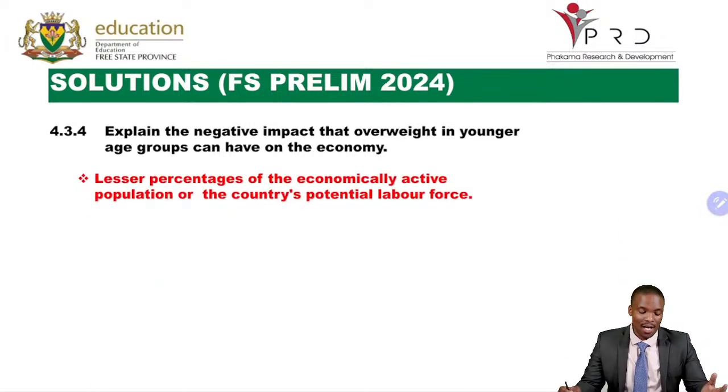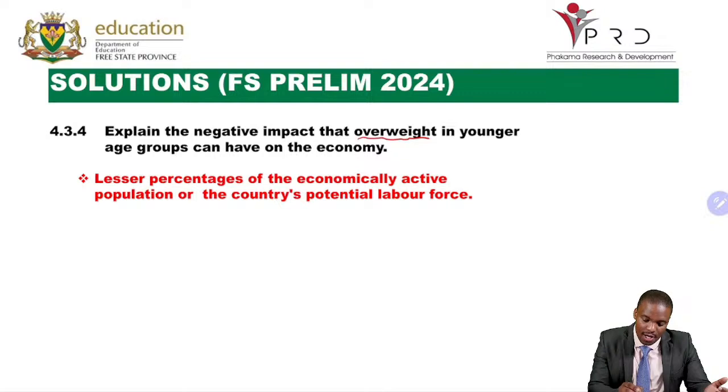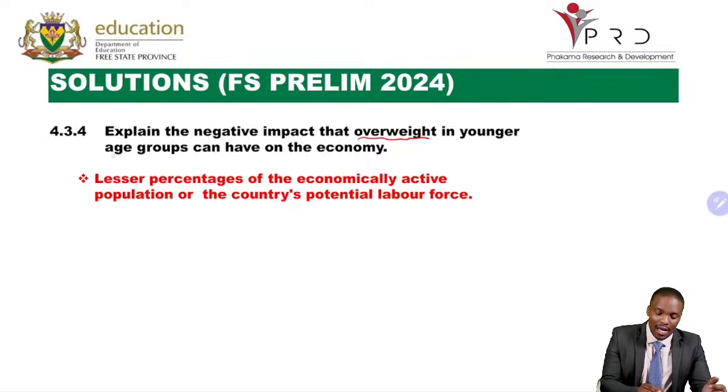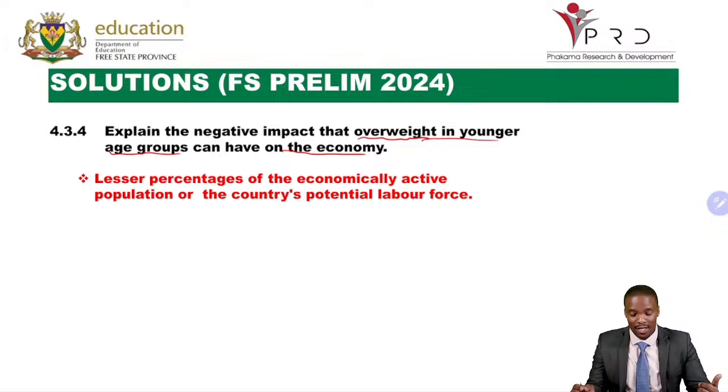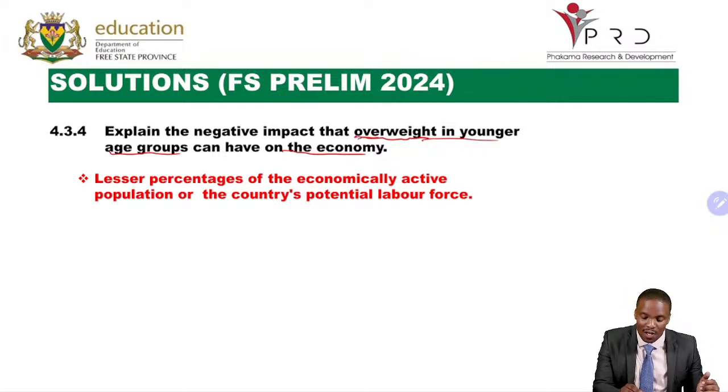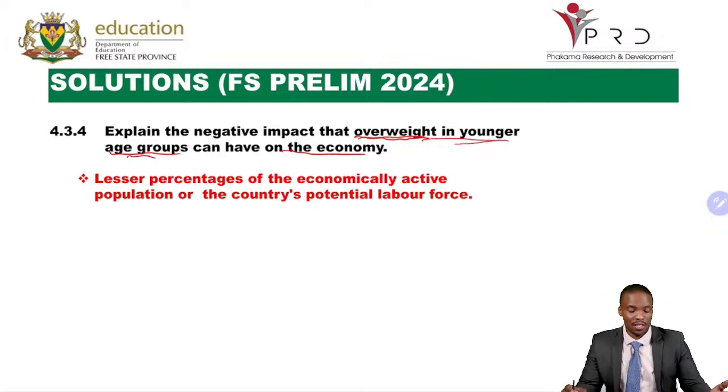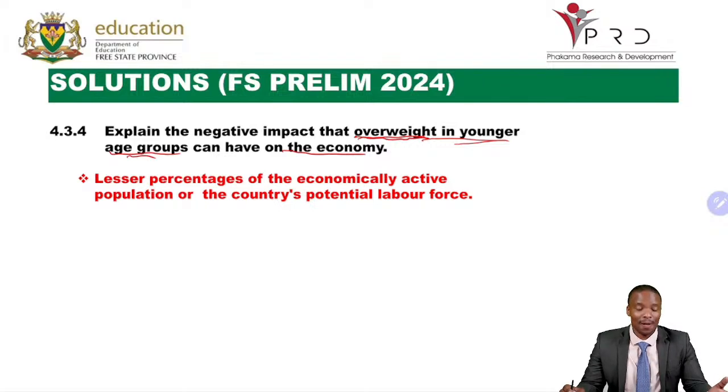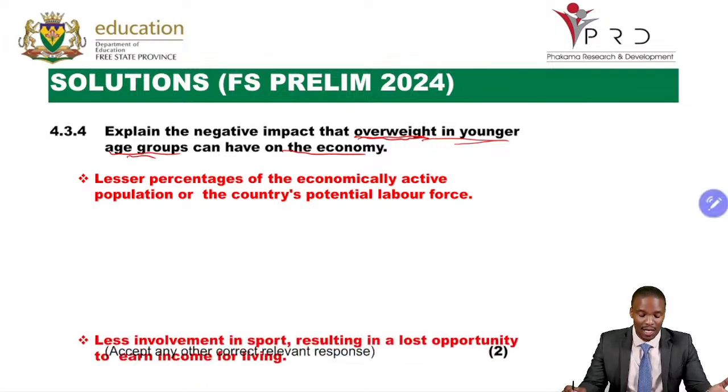The first one says, explain the negative impact that overweight in younger age groups may have on the economy. So there is a cause and effect relationship again. What is the cause? It is the issue of overweight. The effect it will have on the younger ages in the economy: lesser participation of the economically active population, or the country's potential labor force.